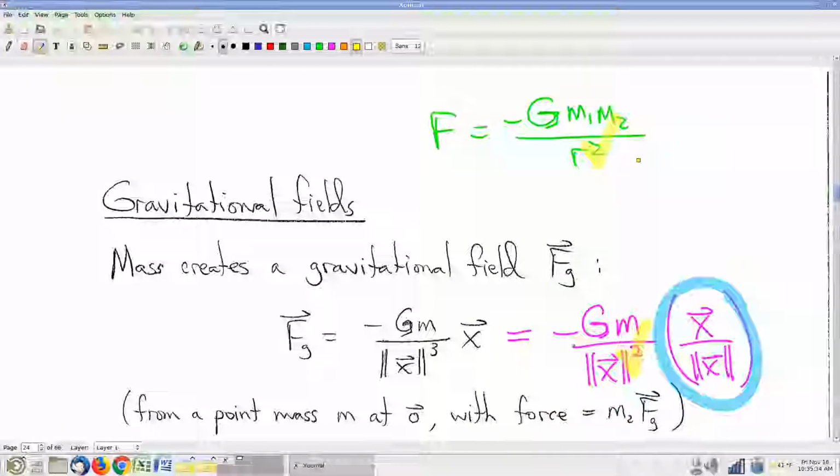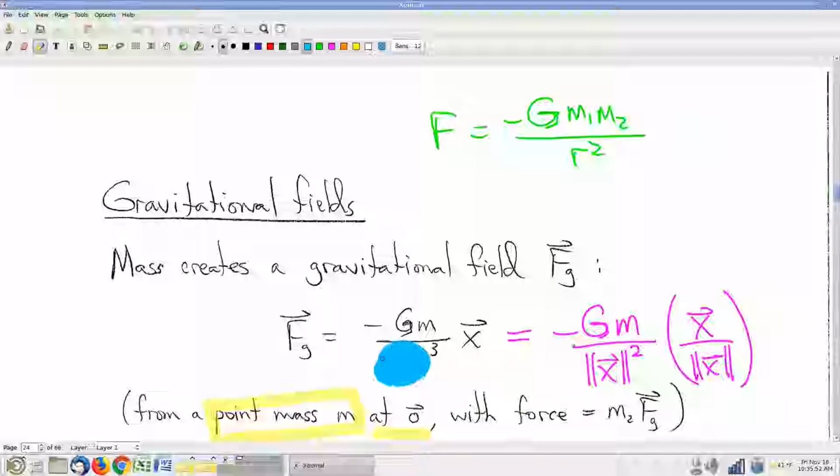All right. So anyway, this is the formula for the gravitational field for a point mass M located at the origin, and so the magnitude of x is the distance, because magnitude is distance to the origin.